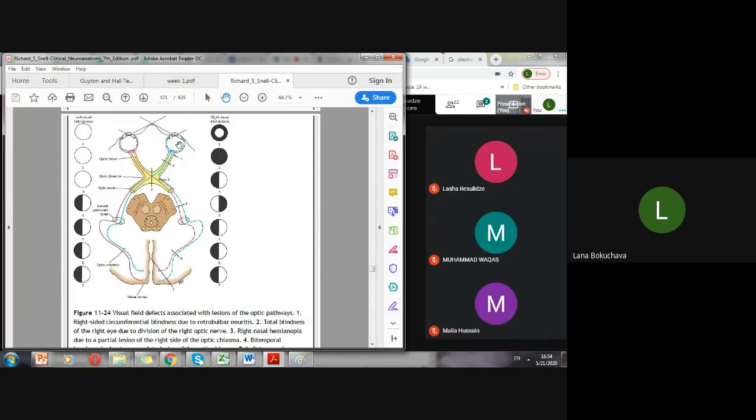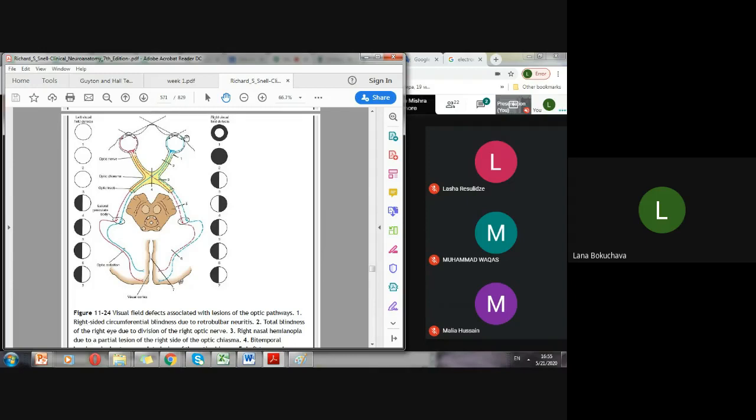In the bluish color, on the right side, we do have the temporal or lateral part of the eye, with nerve fibers coming from the lateral part of the eyeball, which perceives the nasal or medial visual field.